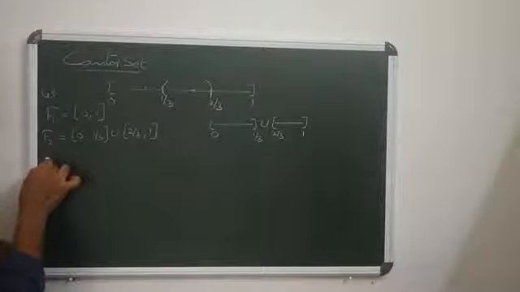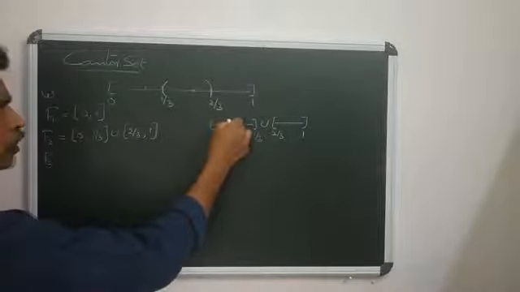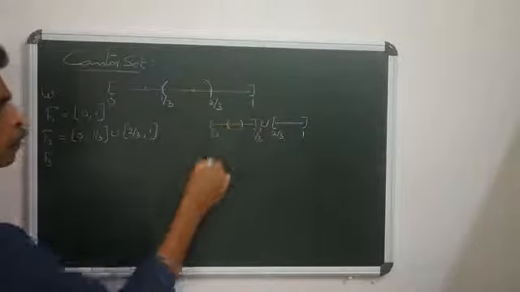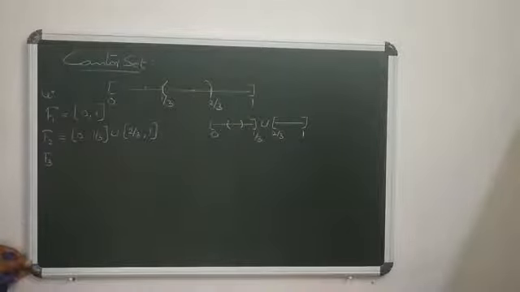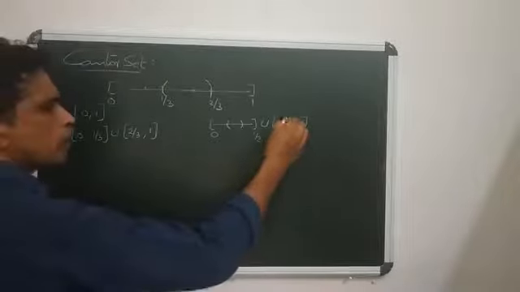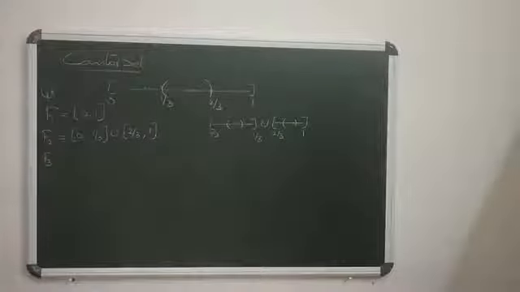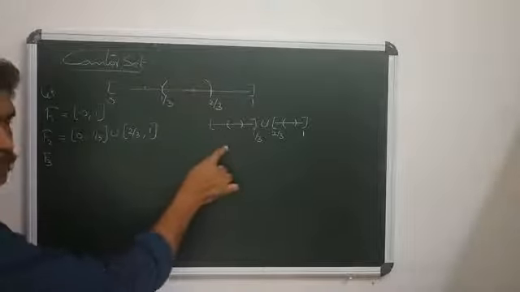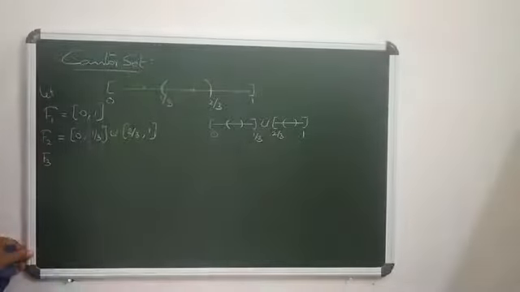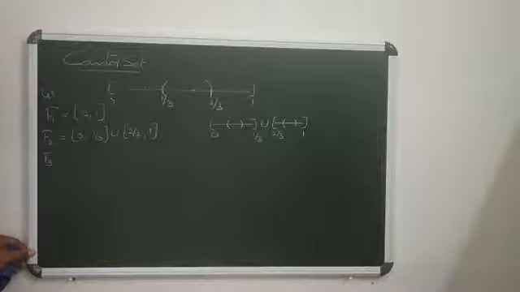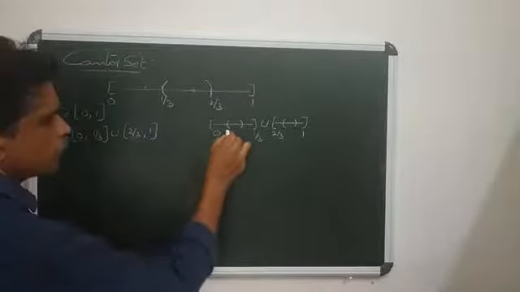Now again you can divide this, removing the middle third open interval in closed interval 0, 1 by 3. Also remove the middle third open interval in closed interval 2 by 3, 1. The middle third open interval in 0, 1 by 3 is open interval 1 by 9, 2 by 9.